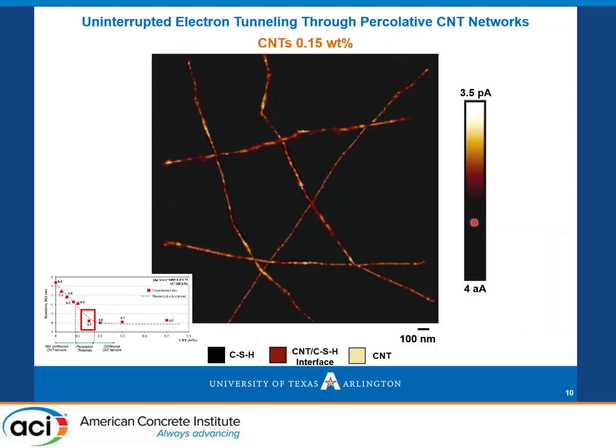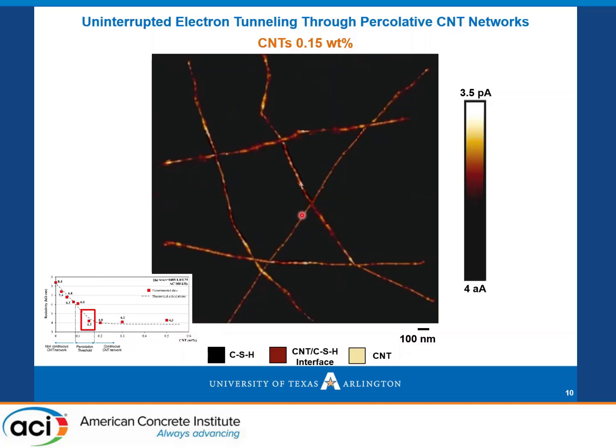Now, we know that 0.1% per weight of cement denotes the beginning of percolation in concrete nanocomposites. And we increased the amount of well-dispersed nanofibers, and I'm pointing out the dispersion, you will see later on in my slides. And here we see the current mapping of cement paste reinforced with dispersed nanotubes at an amount of 0.15% per weight of cement.